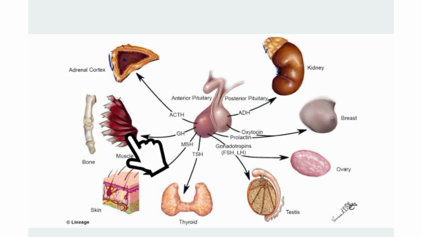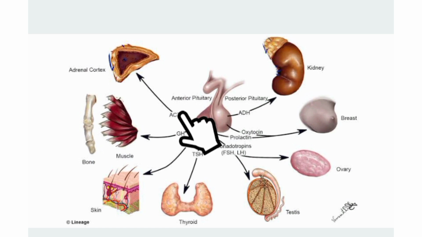Then we have growth hormone, which will affect muscles, bones, and body growth. Then melanocyte-stimulating hormone. And remember, this additional hormone, melanocyte-stimulating hormone, is basically produced alongside adrenocorticotrophin hormone.